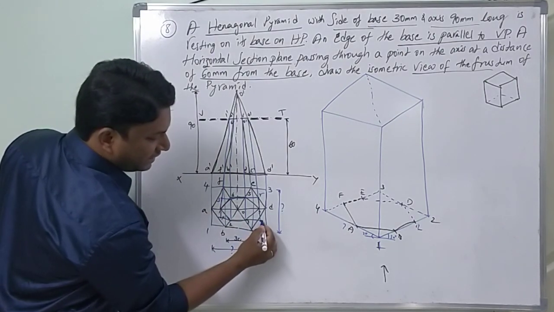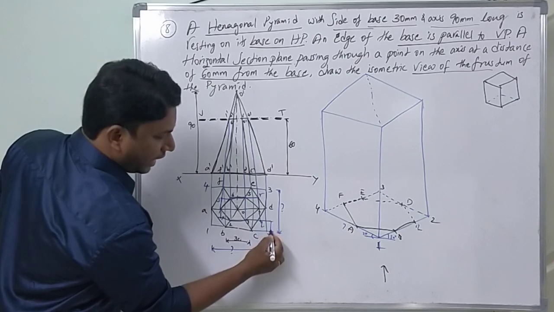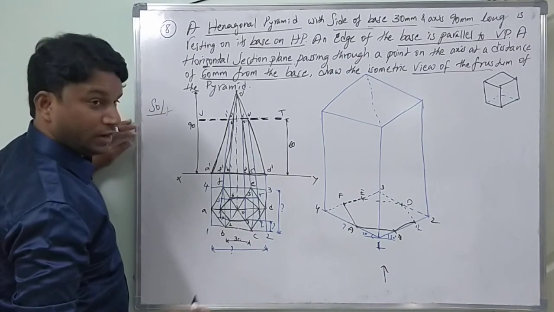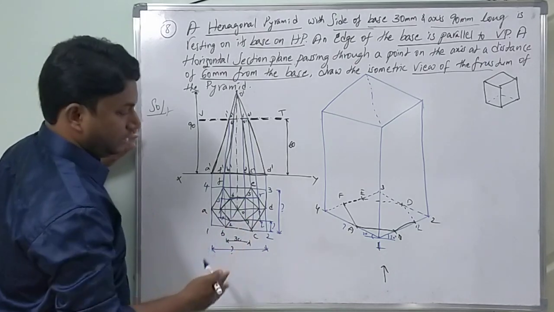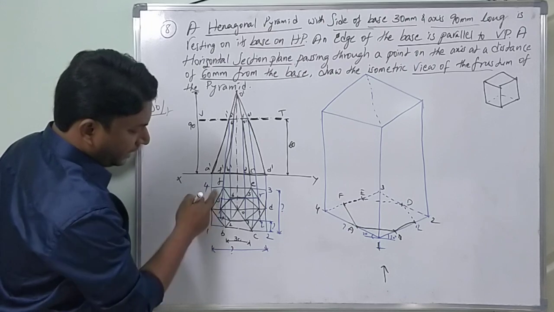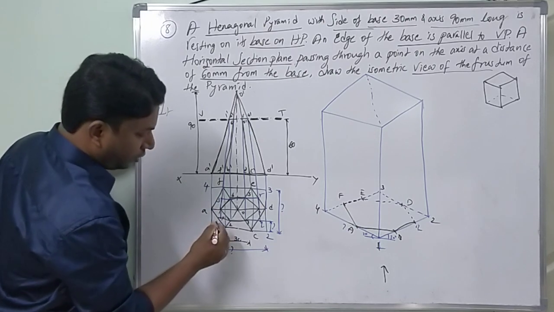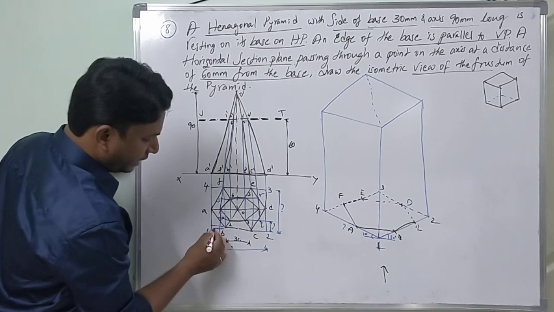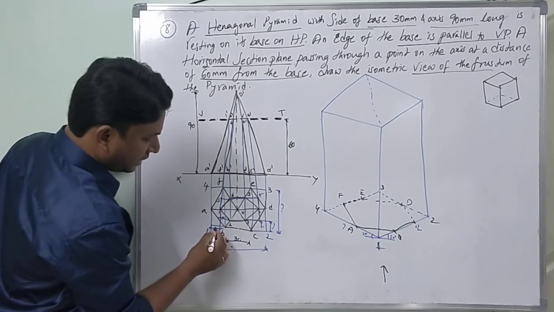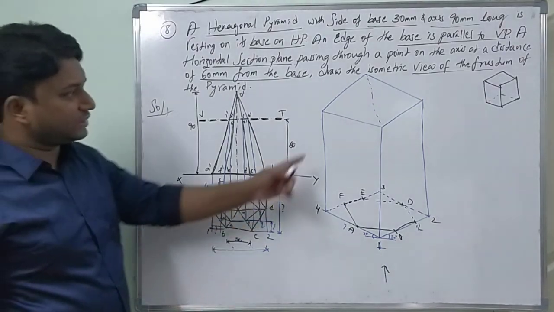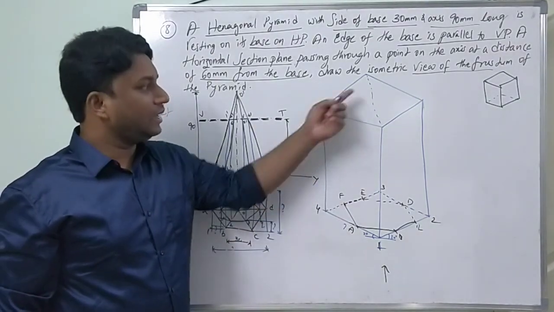So I am extending this line, and I will measure this distance, a horizontal parallel line. Now vertical, 1, 4 and PS. I will draw the P extension here, and I will get some distance.